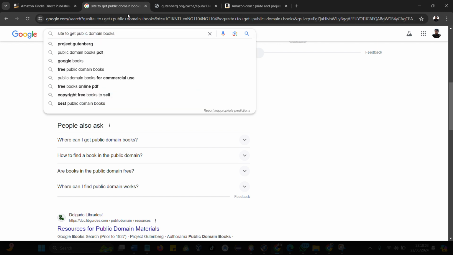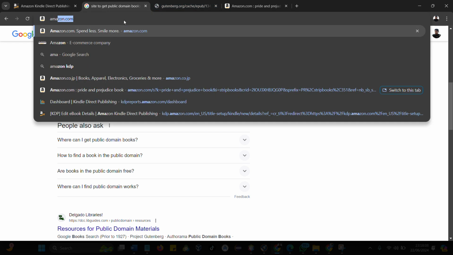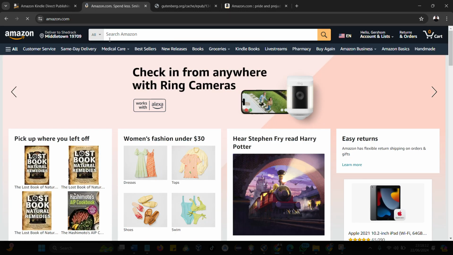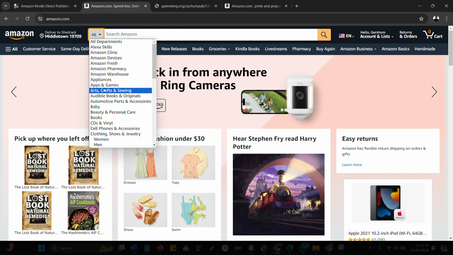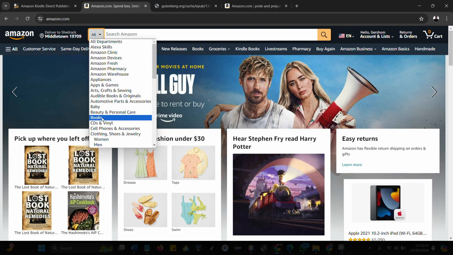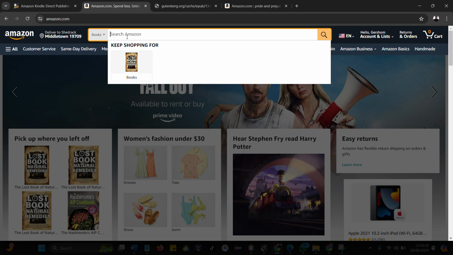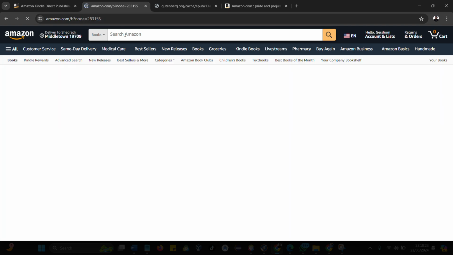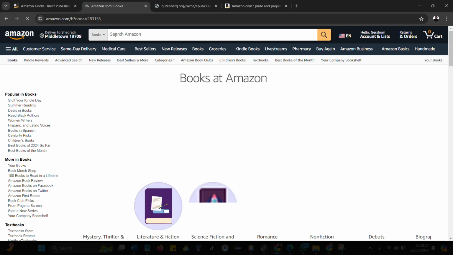All you have to do is go to the Amazon website, amazon.com, and type out any of the top-selling public domain works that you know, and then check out the guys that are doing very well in the public domain area, and then follow them.